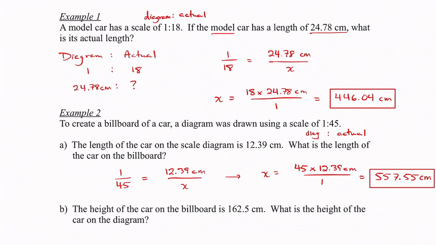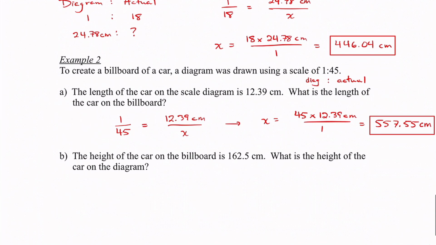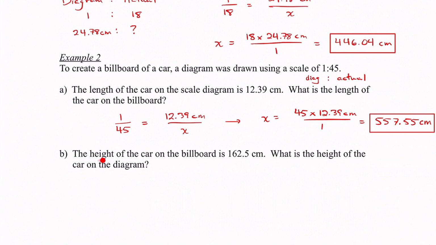The next one, part B, I'm going to do this one a little bit differently. So here it says the height of the car on the billboard is 162.5 centimeters. So that's the large measurement. What is the height of the car on the diagram? So what is it on the small one? So I knew that my scale was 1 to 45. And when I went to get the large one in part A, what I did was I multiplied by 45.